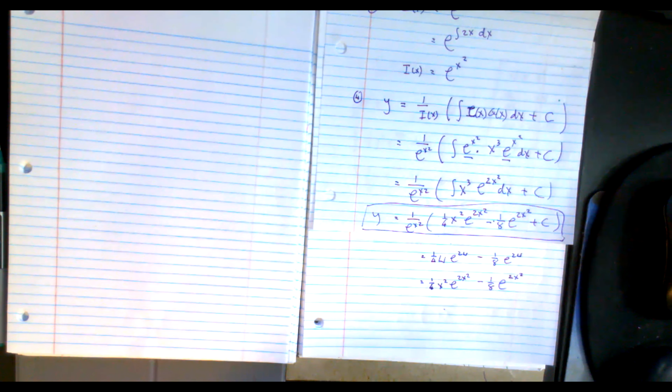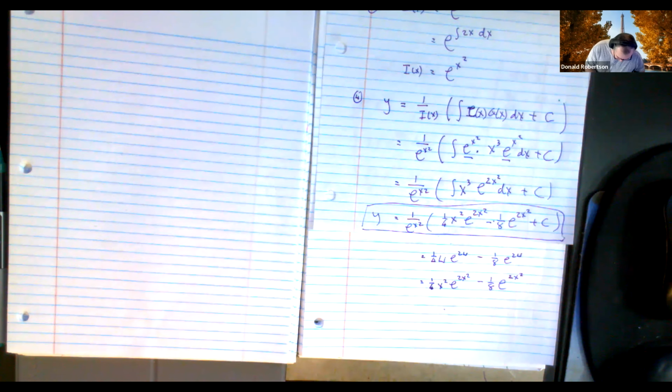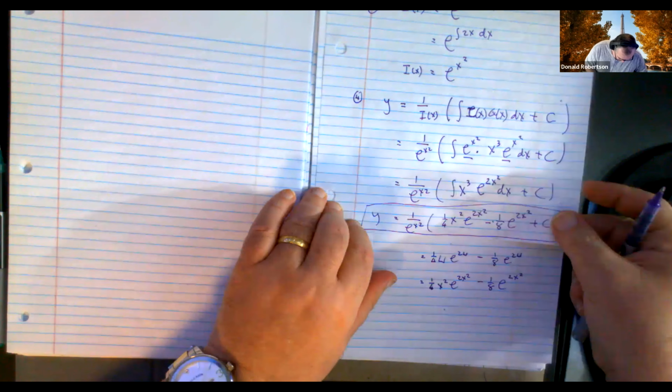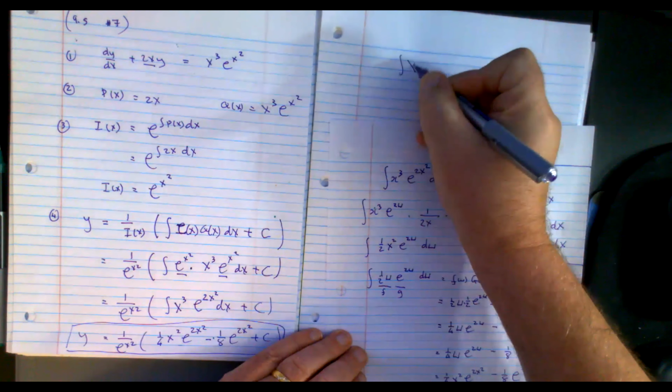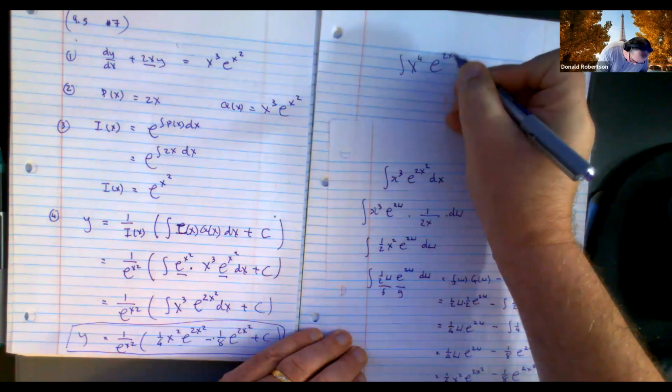Let's say instead of the first term being x to the third power, it was something like x to the fourth power. So this one here was maybe x to the fourth, something like that.